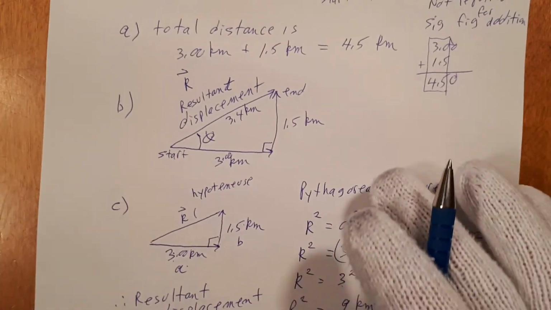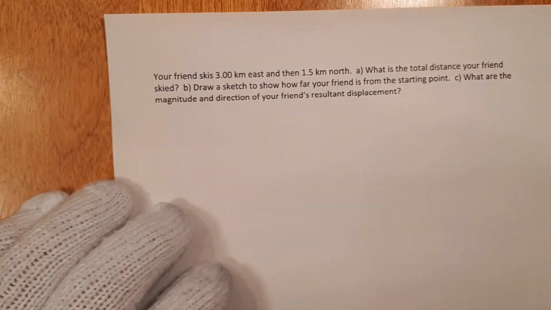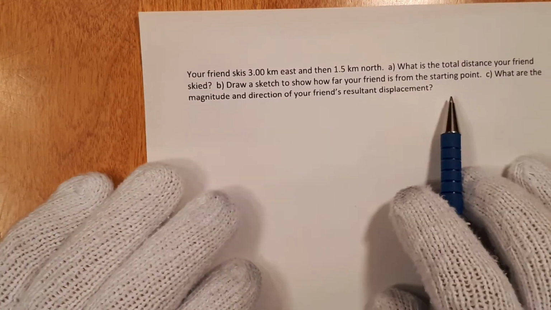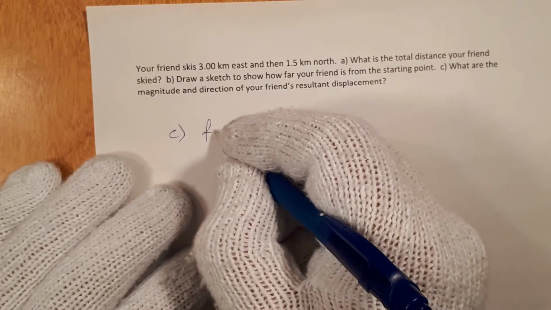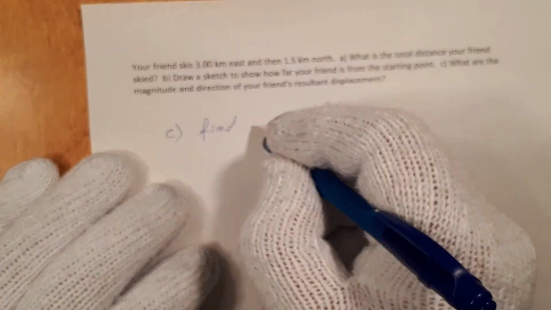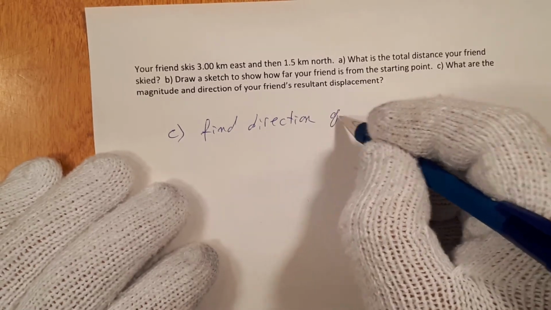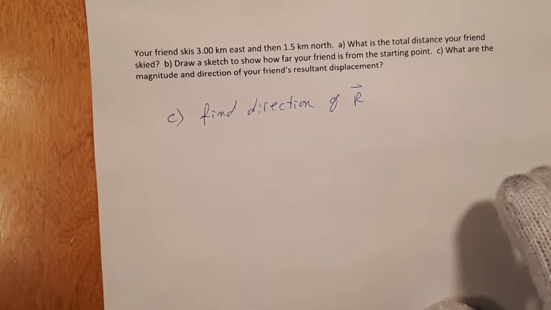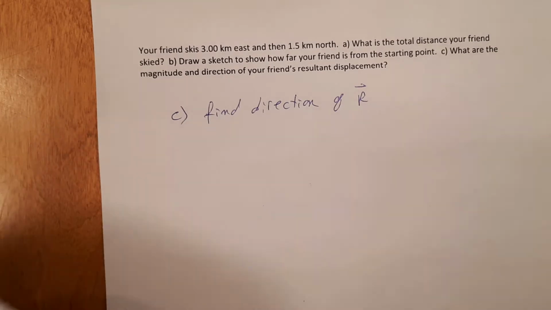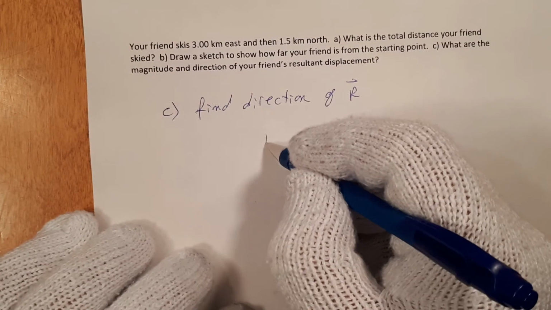I'm simply going to use another sheet. Here we go, to complete part C. C, find the direction of R. We'll quickly redraw the triangle.